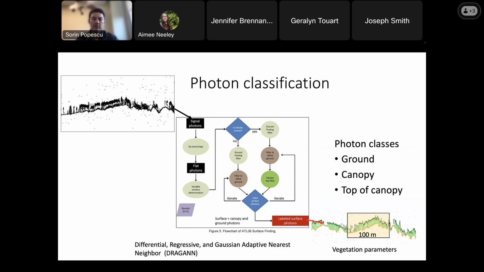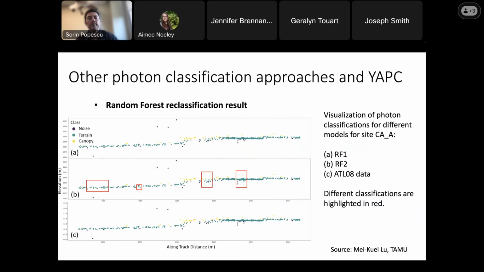So after running ATL03 through all these filters to find ground, to refine ground finding and top of canopy as well, we end up with labeled photons in ground, canopy, and top of canopy, and then those photons are summarized in terms of statistical properties in 100-meter segments.